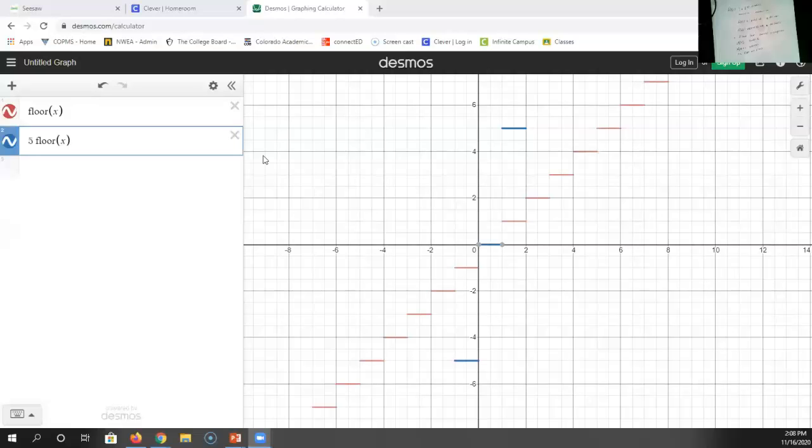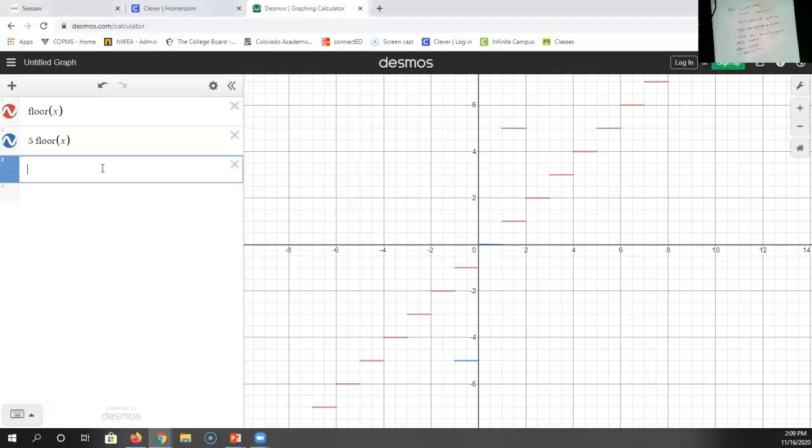Here in red, I have just the floor of x. Here in blue, I have 5 times the floor of x. So I've plugged in 5 as my value of A, and you can see that it stretched my graph vertically.